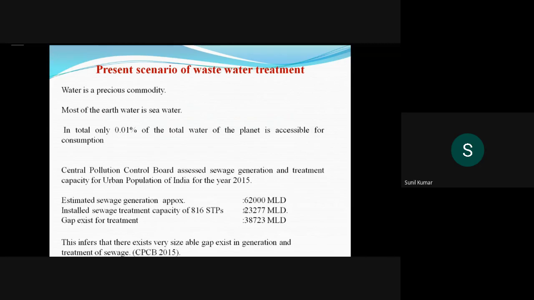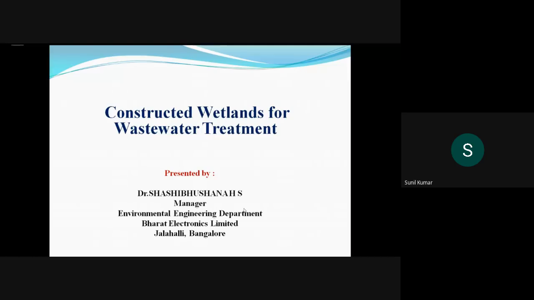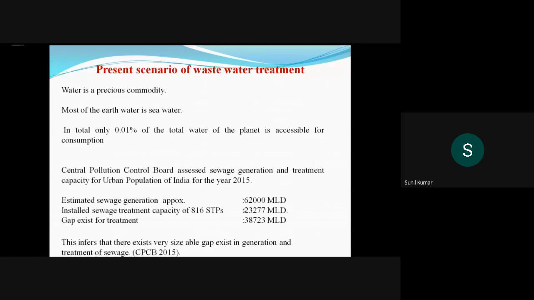So today, I'm going to talk about the constructed wetland for wastewater treatment and its application. Just before we enter into the constructed wetland, let's see what the wastewater treatment scenario is and why wastewater treatment is essential at the moment.